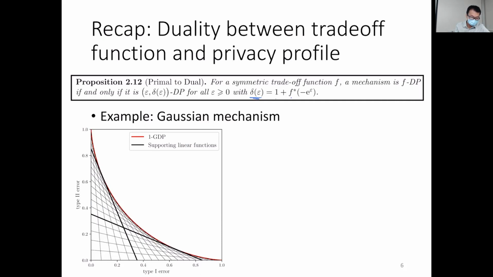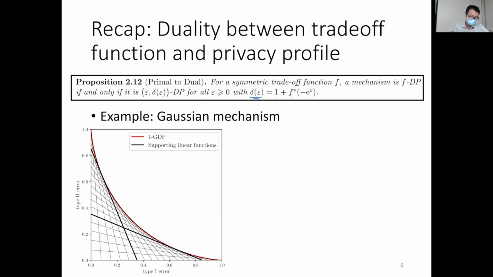The red line is what the Gaussian mechanism with sensitivity 1 and noise level also 1 satisfies. So don't yet define this to be Gaussian differential privacy. But this red line is the trade-off function that's specific to the Gaussian mechanism, and it completely characterizes the Gaussian mechanism.